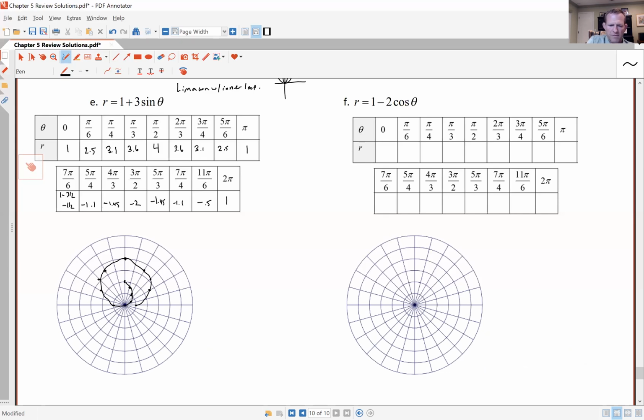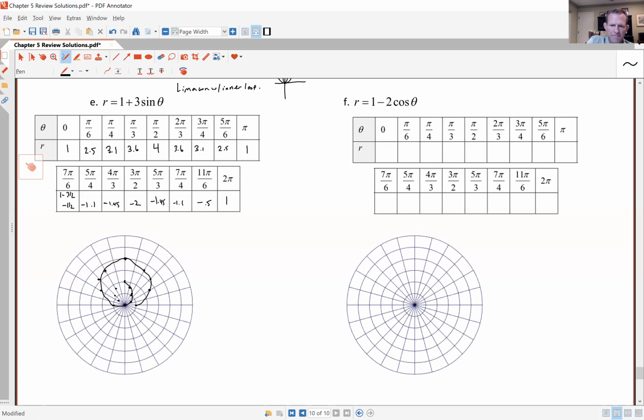So at 5 pi over 3, we're at negative 1.45. 7 pi over 4, we're at negative 1.1. 11 pi over 6, we're at negative 0.5. And then the negative 0.5 had to go through 0 to get back to 1.